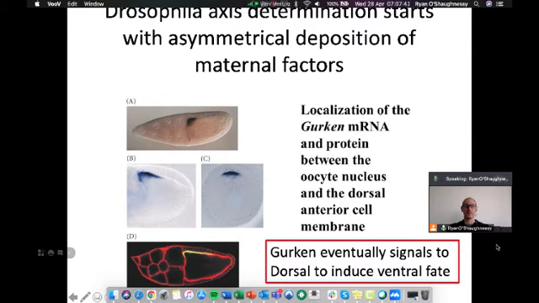So the key thing to remember here is that not only is the anterior posterior axis determined by this asymmetrical deposition of maternal factors, we also get asymmetric deposition of factors which establish the dorsal ventral axis as well.